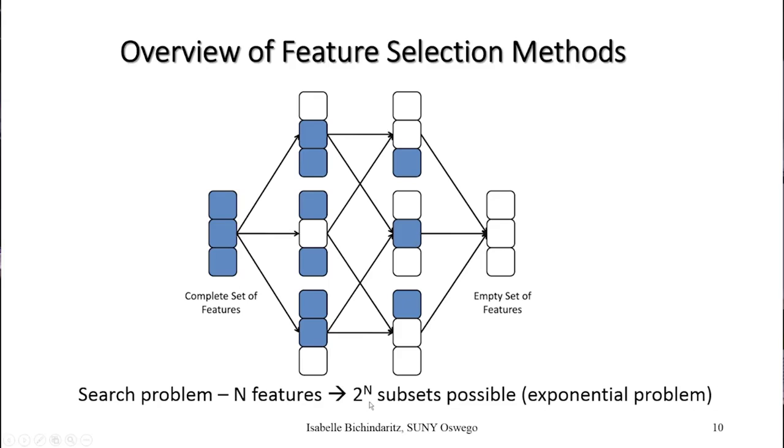But of course, 3 features to start with is not big. There is a formula that gives the number of subsets of features for n features. For n features, you have 2^n subsets possible. 2^n, because n is an exponent, it's going to be what's called an exponential problem.